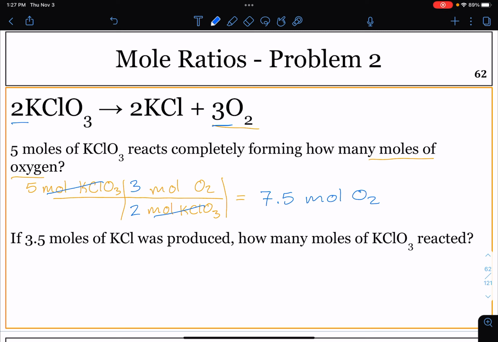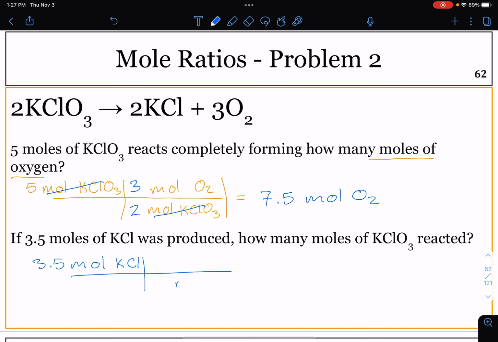If 3.5 moles of KCl was produced, how many moles of KClO3 reacted? Even though it seems like we're going backwards on the chemical reaction, starting with the KCl, and we're trying to find the KClO3, the math part is still the same. So we're going to start out with what we're given.